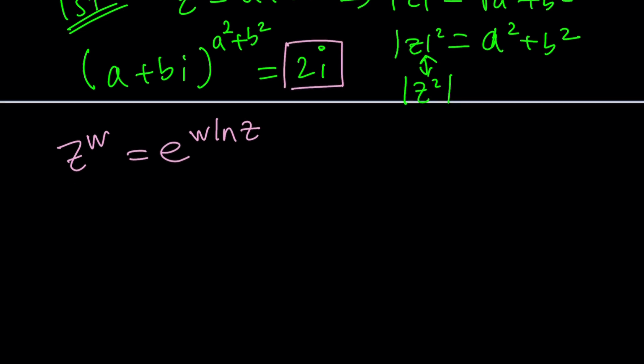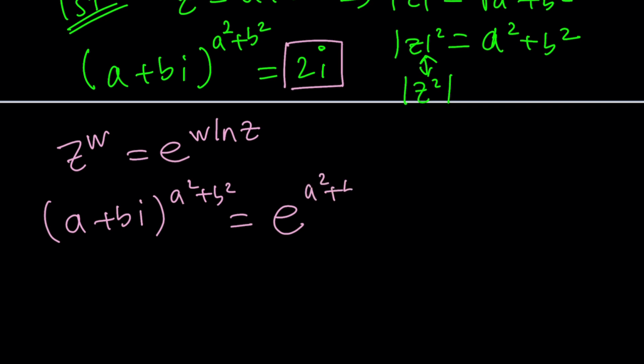Let's do it on the left-hand side. What is the ln of a complex number? We'll talk about that next. But let's go ahead and use this. This can be turned into e to the power w, that will be the exponent, this, which is this, multiplied by ln of a plus bi. And that is equal to 2i.